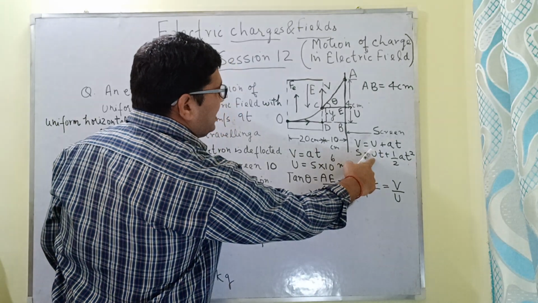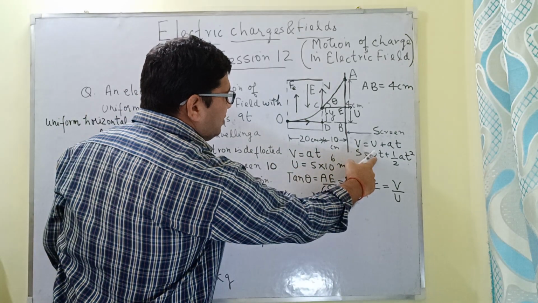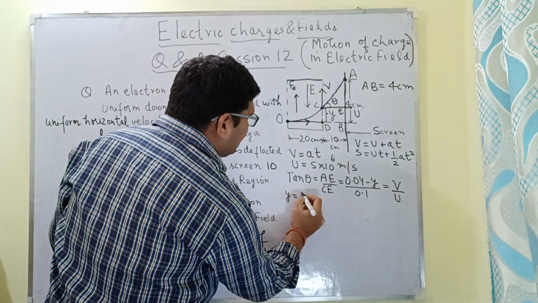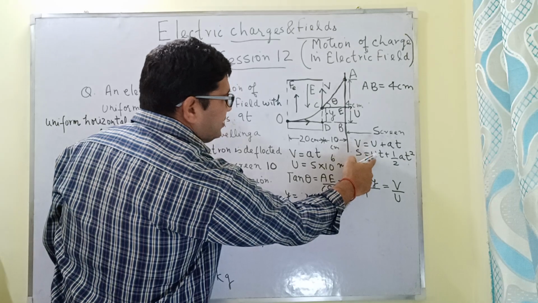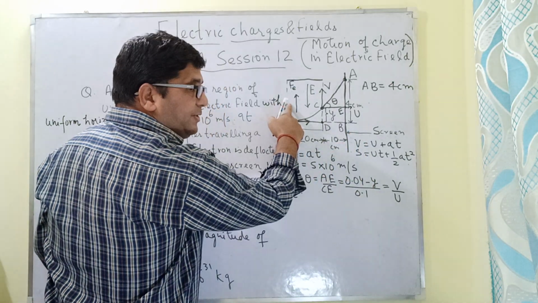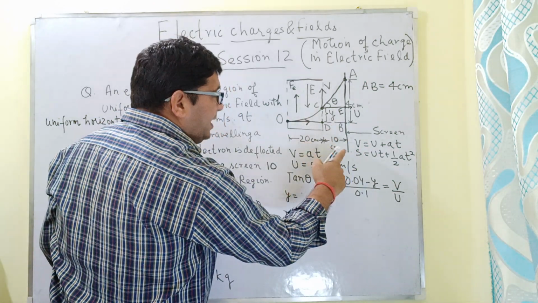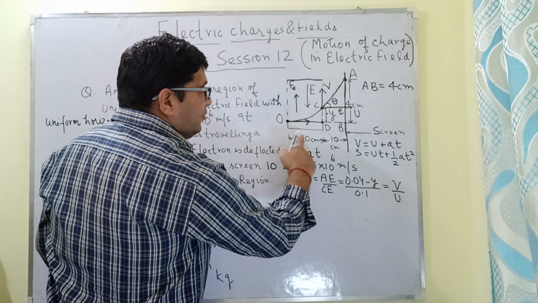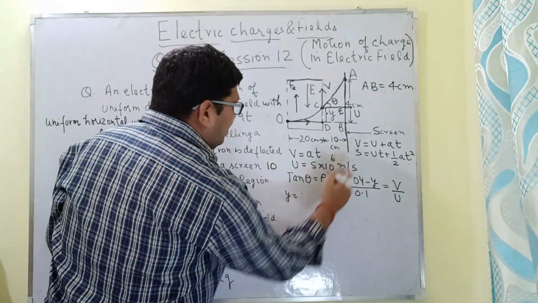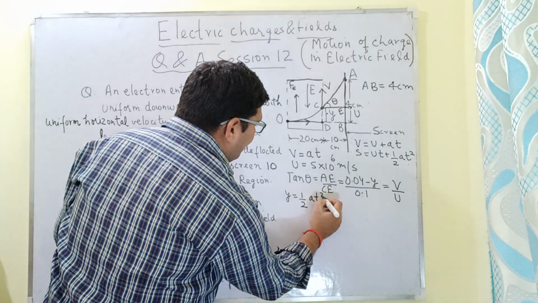Now the initial vertical component of the electron velocity is equal to 0. So y will be equal to half at square. ठीक है ना? Because u is the initial vertical component of the velocity of the electron. So this is 0, so y will be equal to half at square.